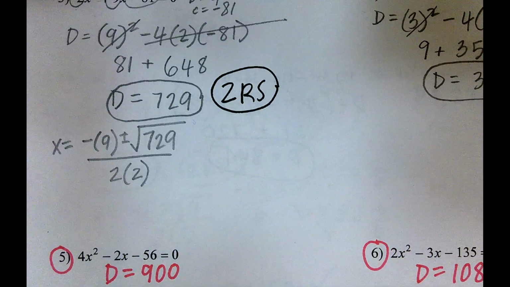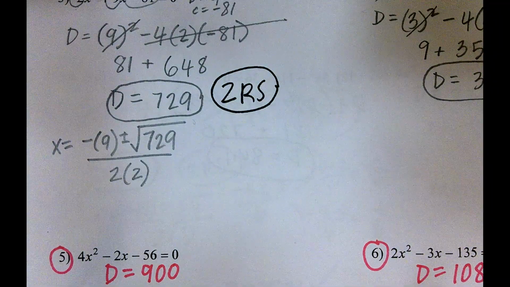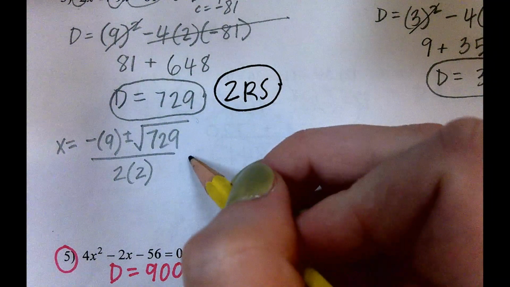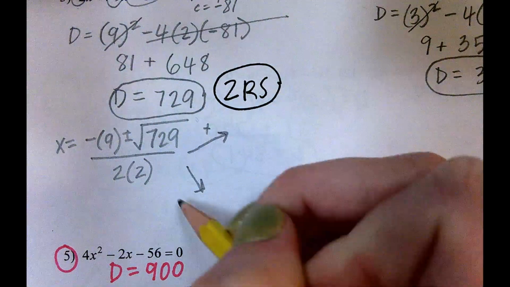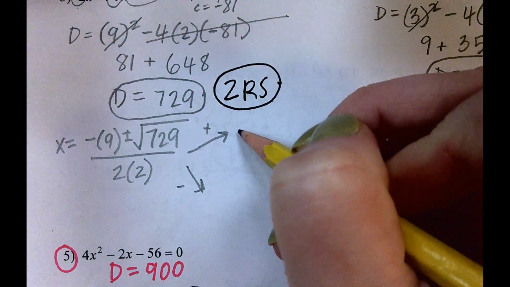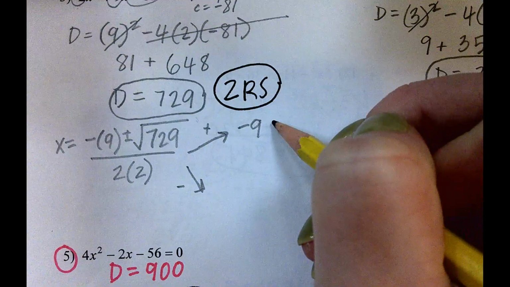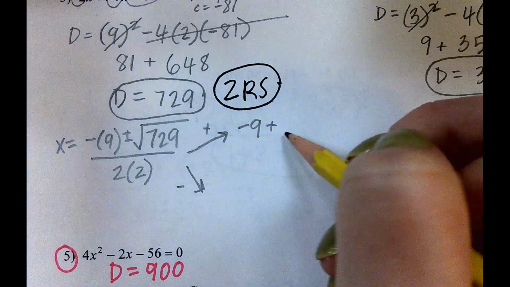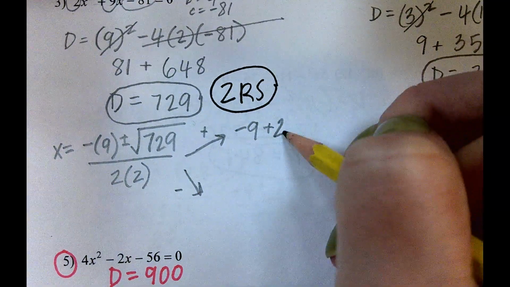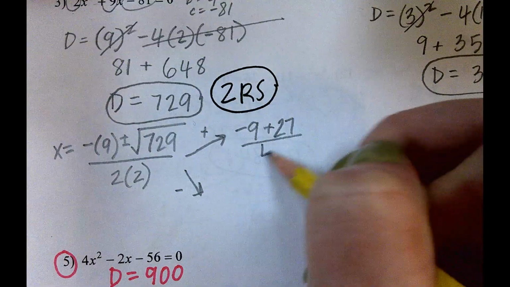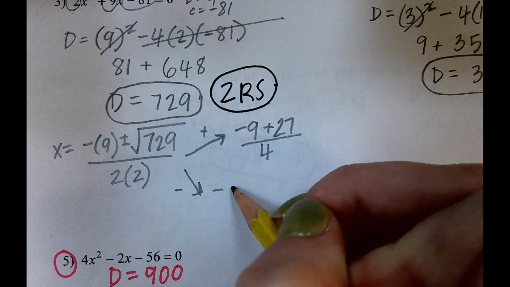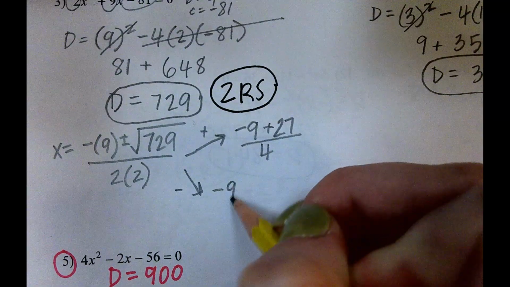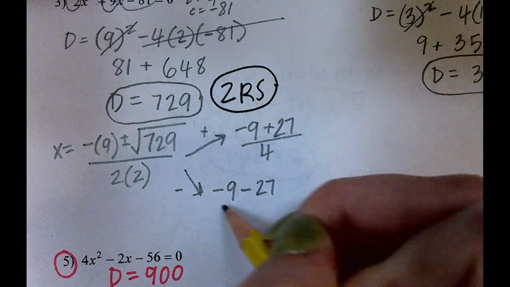And then from there, I end up just splitting mine into the plus or minus. Okay. What did you put in your split? So I put x equals negative 9 plus 27, since 729, the square root of that is 27, over 4. Yes. And then for the negative, I put x equals negative 9 minus 27 over 4.